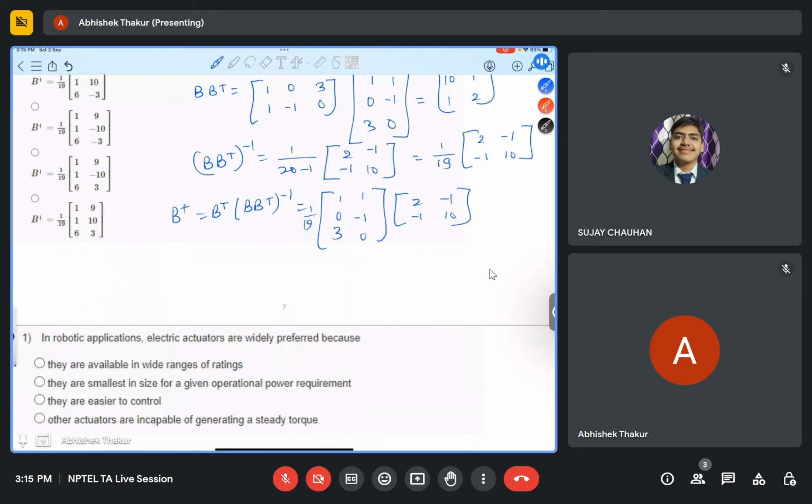So this is 3 cross 2, this is 2 cross 2, so the matrix will be 3 cross 2. So the final matrix will be 2 minus 1 1, and this will be minus 1 plus 10 9 0 1 minus 10 6 minus 3.